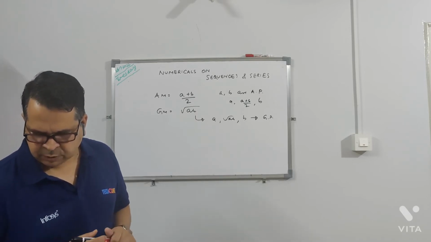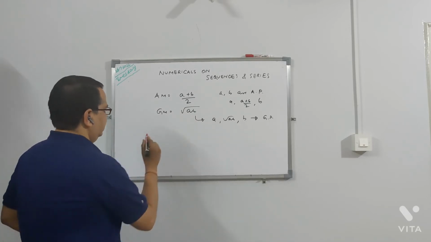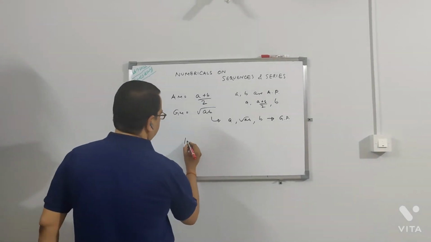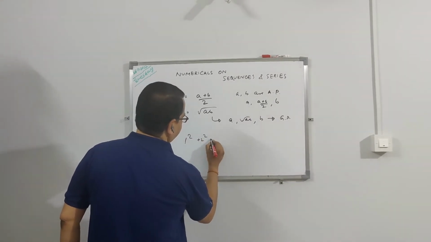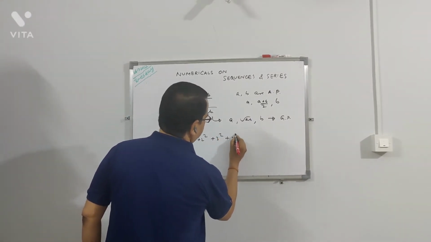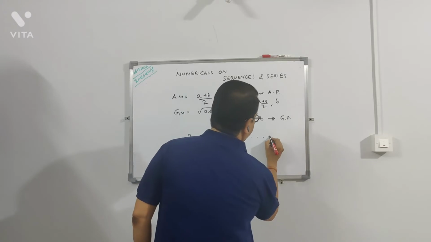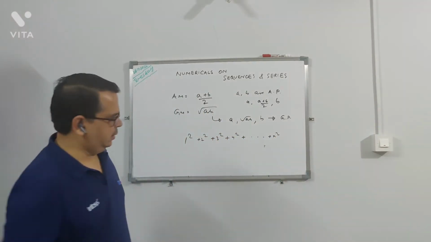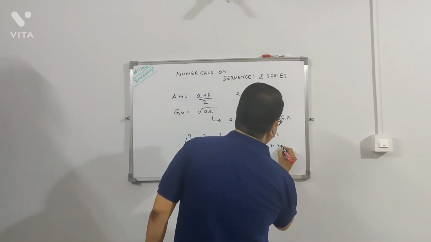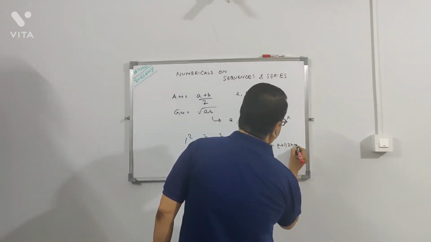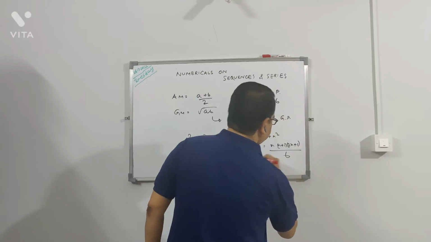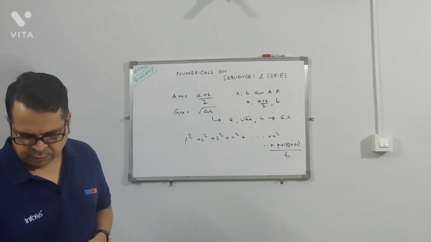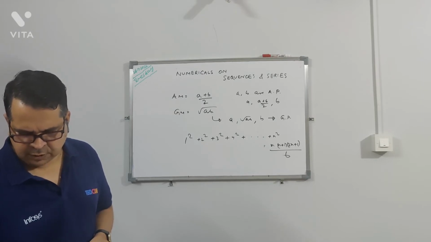The sum of squares of first n natural numbers: 1 square plus 2 square plus 3 square plus 4 square up to n square is equal to n into (n plus 1) into (2n plus 1) divided by 6.